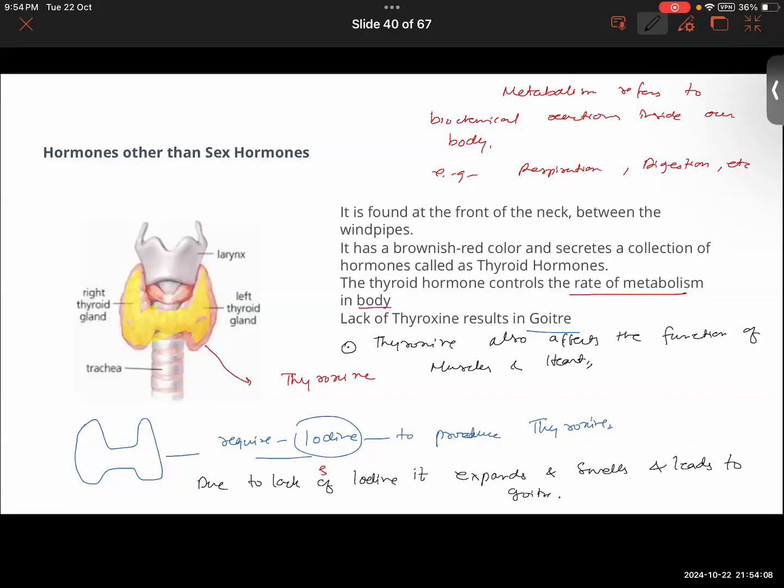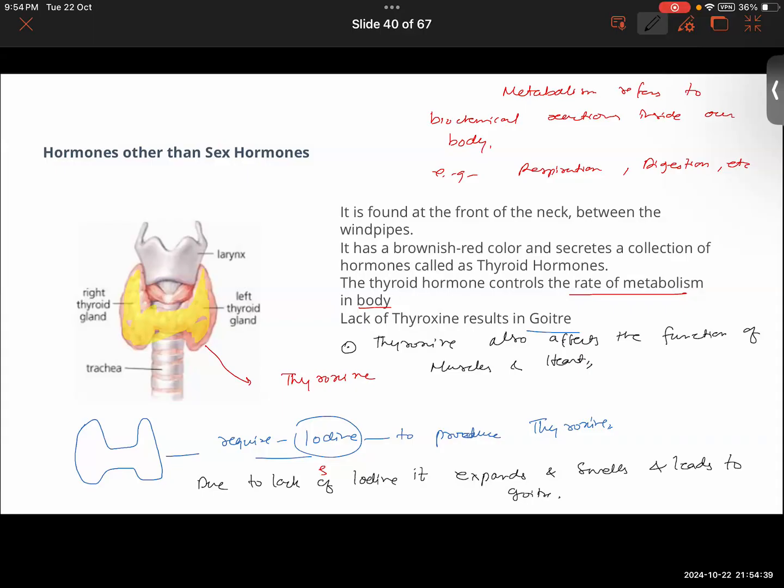What we have learned about exocrine glands: the secretion of the sweat gland, the tear gland or the mammary gland comes onto the surface of the skin. So that's why they were exocrine. But for endocrine glands, where does the secretion go? Inside the body?